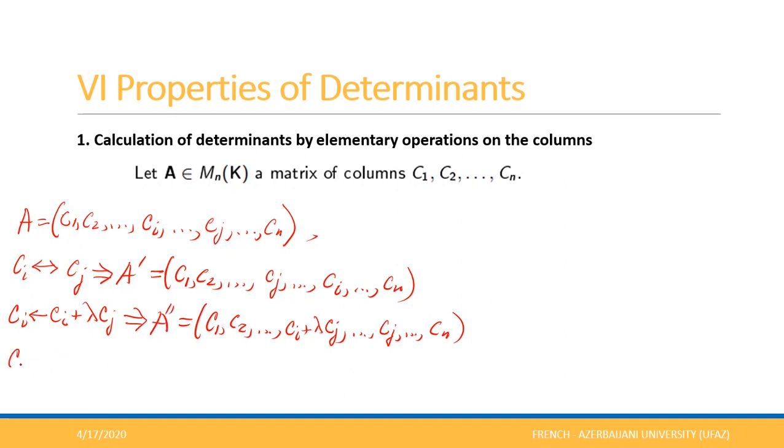If we use this elementary operation, instead of Ci, lambda Ci, then our new matrix will be this: C1, C2, lambda Ci, Cj, Cn. For this matrix, I will use the notation A3 prime.